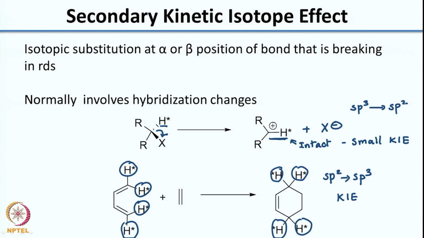So, now whatever we had studied in the previous lectures about the primary kinetic isotope effect, one thing you must understand by now is that when you talk about kinetic isotope effects, the vibrational levels are very important. So, in order to understand now secondary kinetic isotope effects also, we should look at the vibrations that are involved.